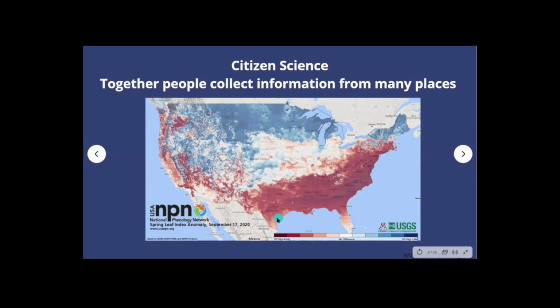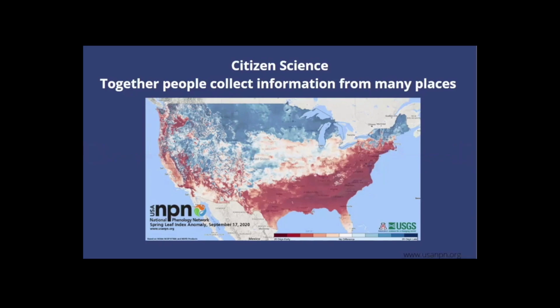So in most of the southeast of the continent, the leaves are appearing as early as 20 days. And in most of the upper north and Midwest, the leaves are appearing later, as late as 20 days.